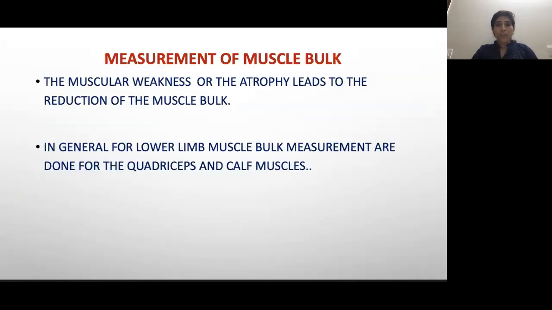So for measurement of the muscle bulk: muscular weakness or atrophy leads to a reduction in the muscle bulk. In general, lower limb muscle bulk measurements are done for the quadriceps and for the calf muscles, because as we all know, both these muscles are bulky.